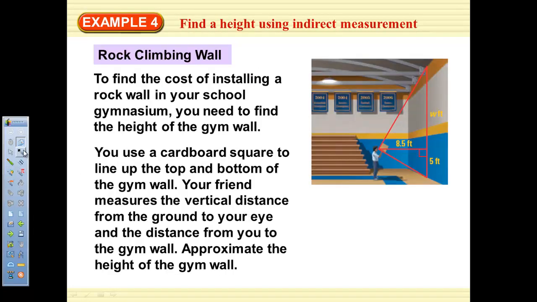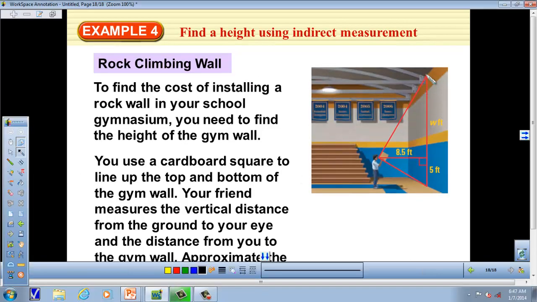For this one, eventually we want to know the whole distance here. And so we know from theorem 7.6 that this is the geometric mean of this part and this part. So we can say that 8.5 is the geometric mean of W and 5.